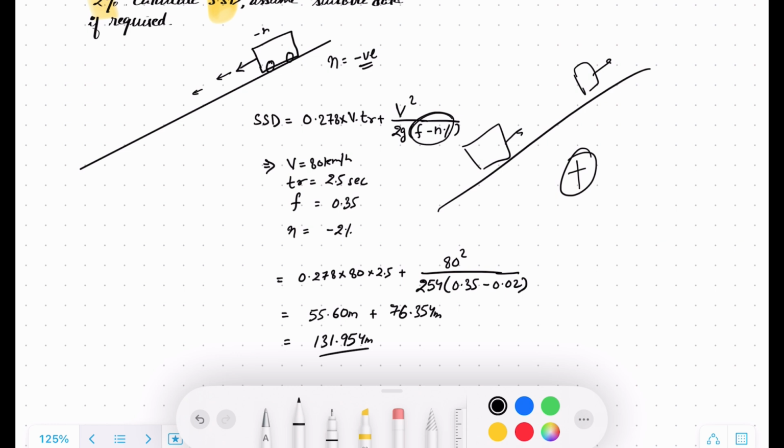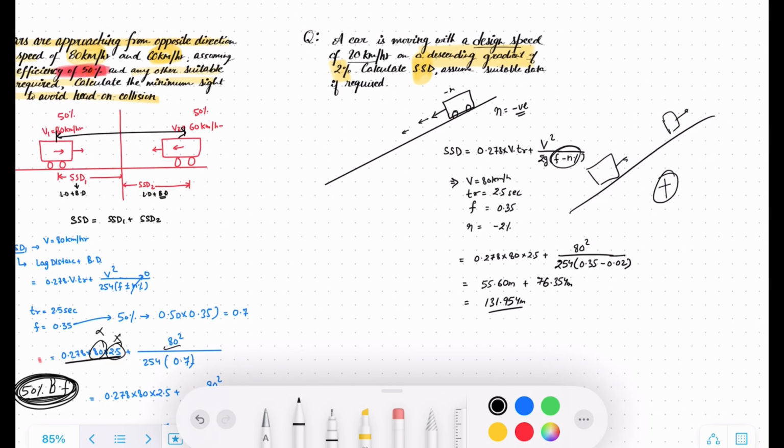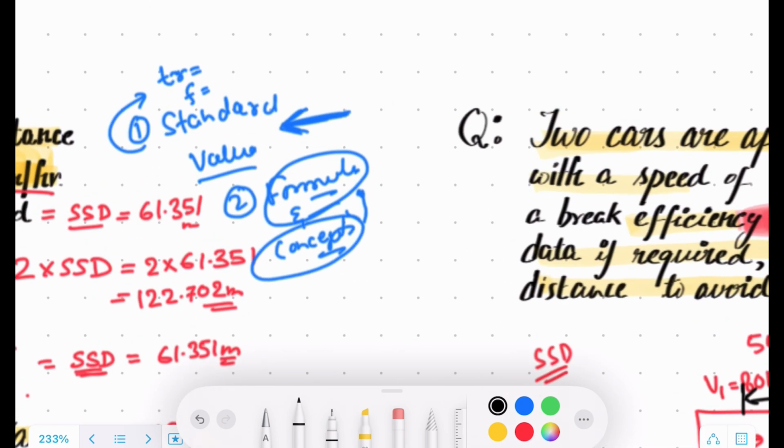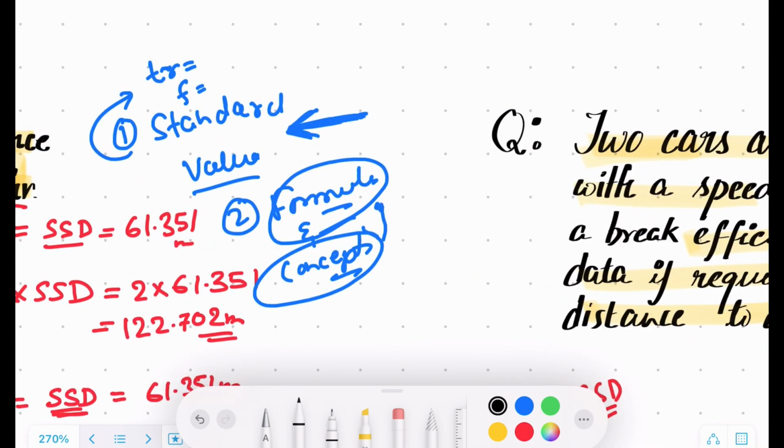I hope the approach toward the question is clear to you. And like I said before, the questions are very easy. The only source of error is if the concept is not clear, you don't remember the formula correctly, or there is confusion in the standard values.